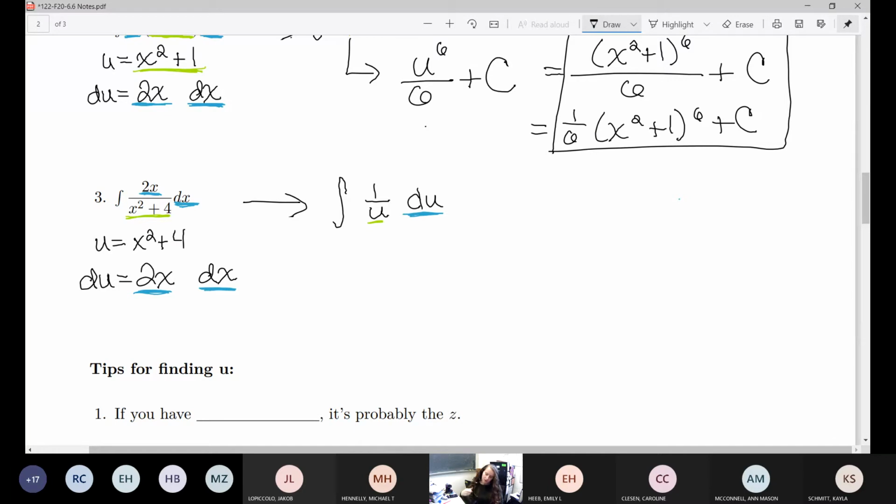Okay. We check to see whether or not this is something we can take the antiderivative of. It is. This is technically u to the negative first, which is the only thing that doesn't use the power rule. So this would be our natural log of the absolute value of u.